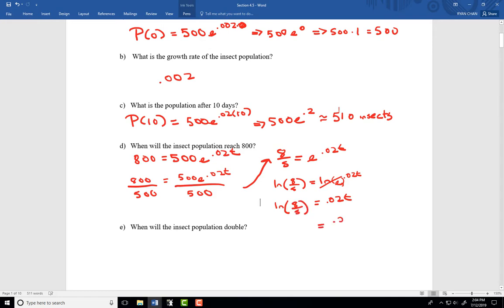Then we'll divide both sides by 0.02, and throw it all in your calculator.